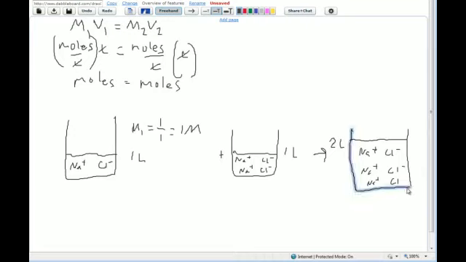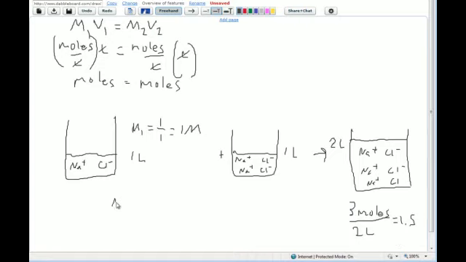Based on this diagram, we can calculate the concentration of this final solution. 3 moles divided by 2 liters gives us a concentration of 1.5.